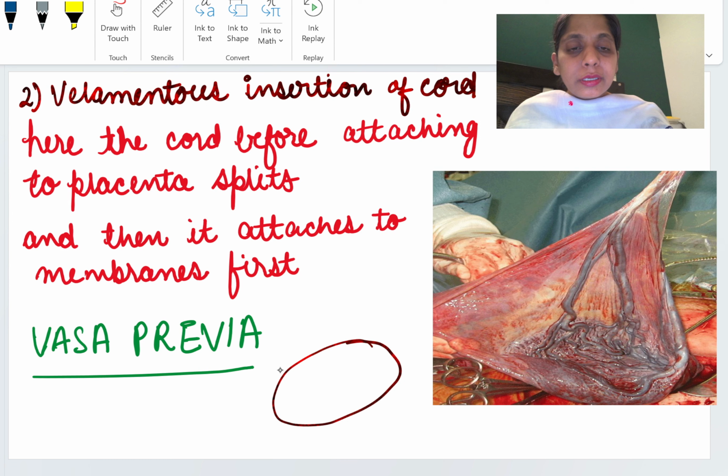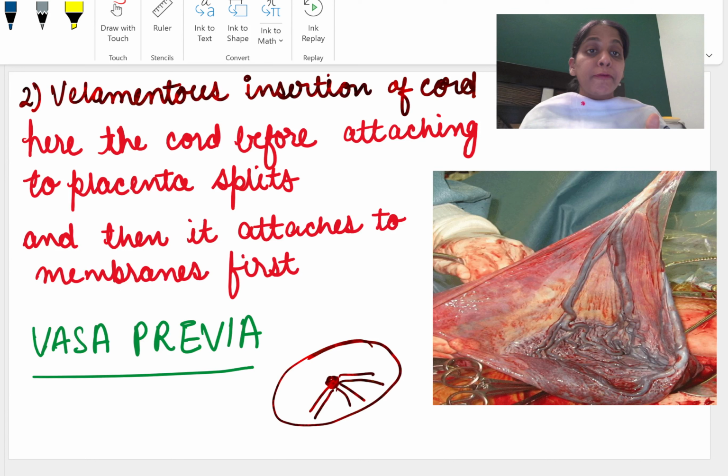Umbilical cord has three vessels, one vein and two arteries. Okay, so these vessels divide inside the placenta. But if this splitting of the vessels occurs before the cord gets inserted into the placenta, that is filamentous insertion.